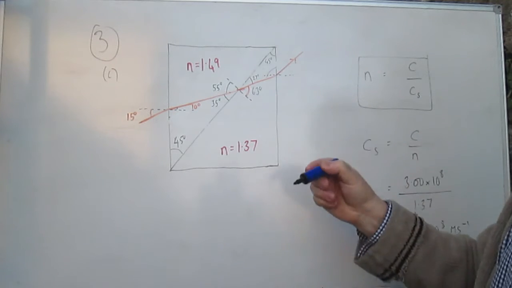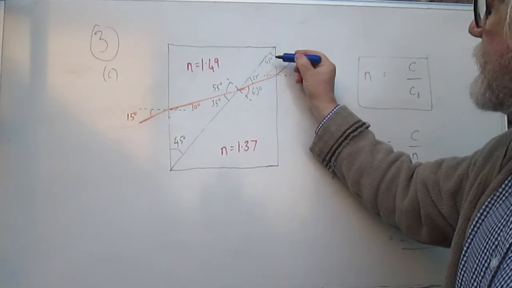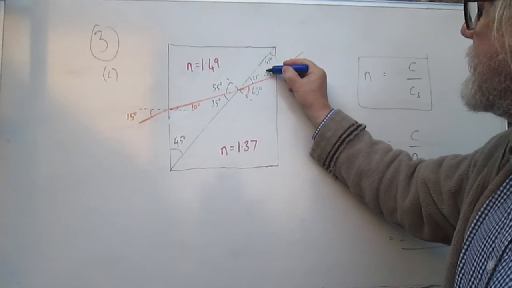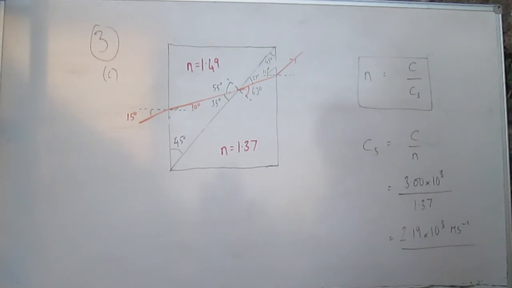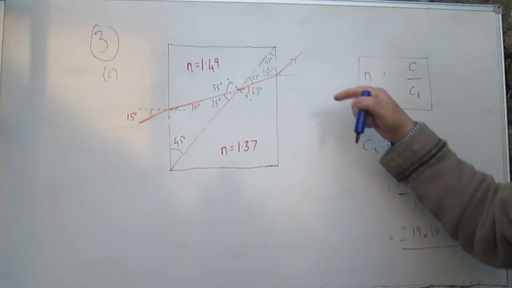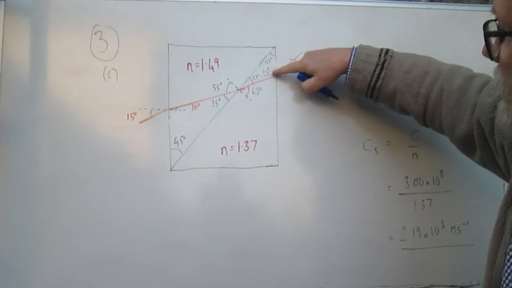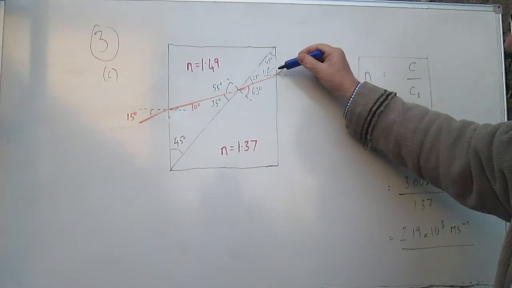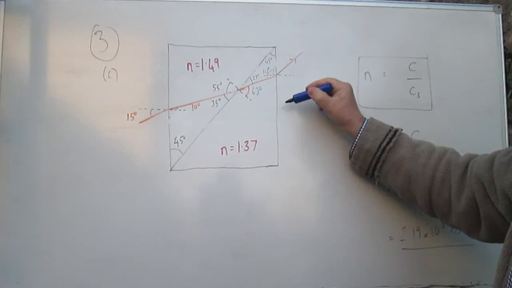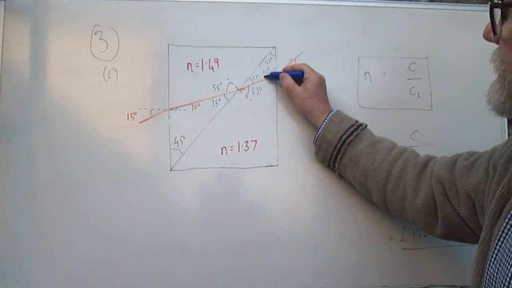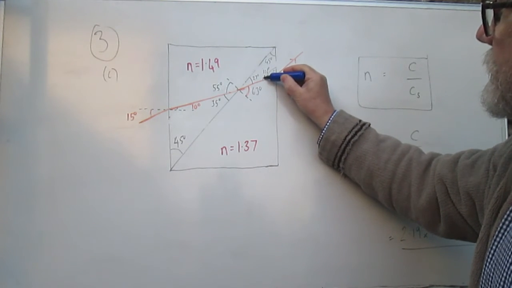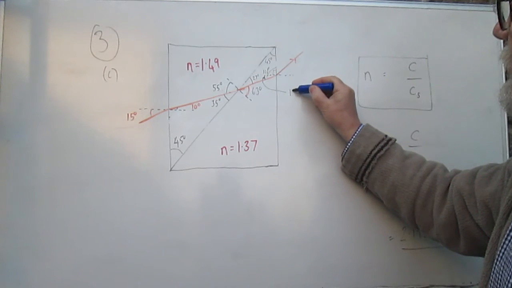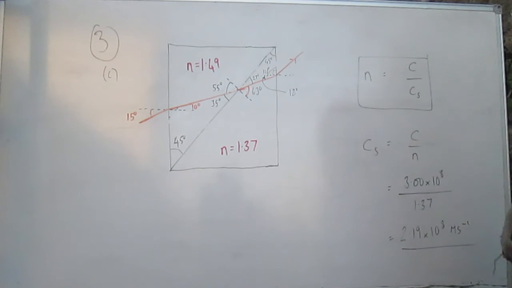So minus 45 plus 27 is 72. So 180 minus 72 is 108 degrees. I keep saying degrees C. 108 degrees. And therefore, because that's a right angle here, we know that this is going to be 18 degrees. Okay, so that angle is 18 degrees.